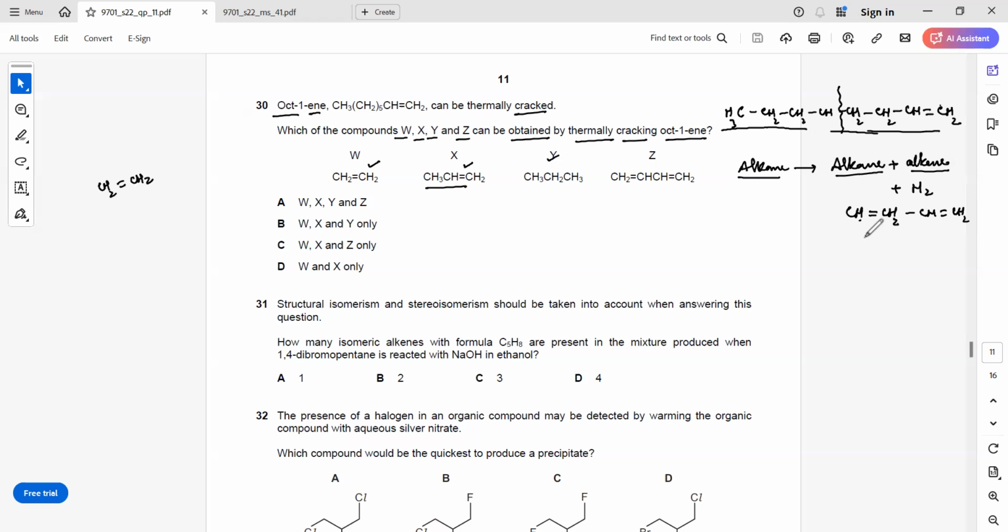So this fraction is also possible. No doubt others are also possible, but all these four are possible. It means W, X, Y, and Z, they are possible, right? They can be obtained by thermal decomposition of this compound.